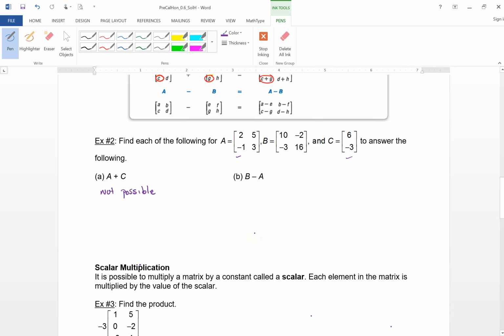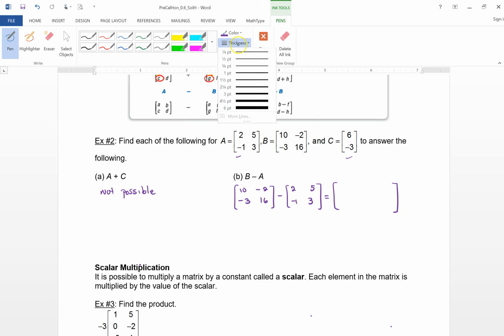Okay. Here we're going to do B minus A. So let's write down our matrix B, minus A, equals. Now, what are the dimensions of the resulting matrix going to be? 2 by 2, okay?